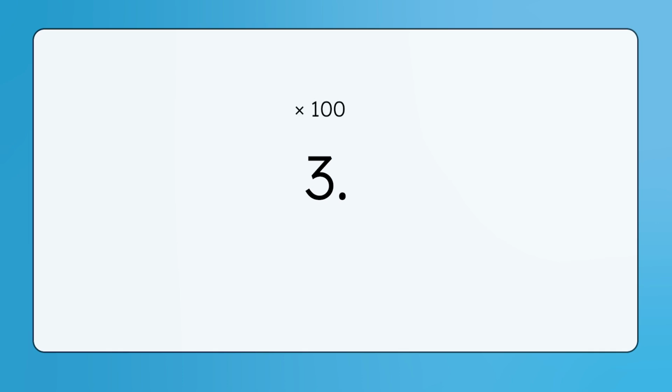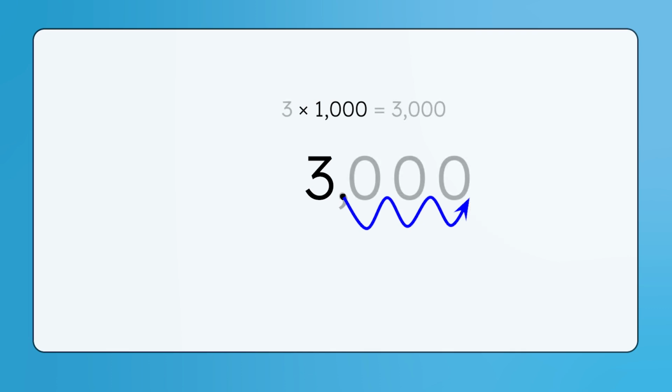There are 2 zeros in 100, so we will shift the decimal to the right 2 times. Draw and fill in the empty scoops, and we get 300. If we quickly check the math, 3 times 100 is 300. Remember, we're moving one place for each power of 10. So if we take 3 times 1,000, the decimal shifts 3 times to the right, giving us 3,000.